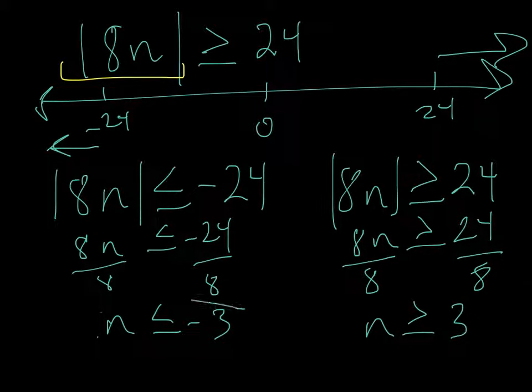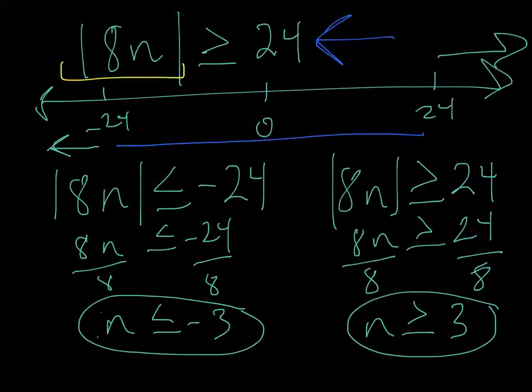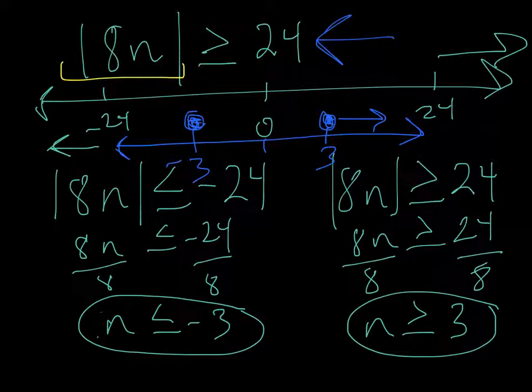So those are the solutions in order to make this true. So if we were going to graph this, if this is 0, this is 3, this is negative 3. It's going to be greater than or equal to 3, shading that way, and it's going to be less than or equal, so it's solid, to negative 3, shading that way. That would be our graph.